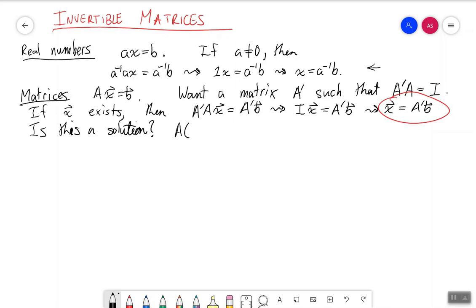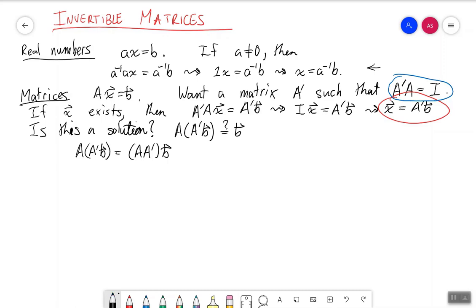A times A prime b. Okay, well, we want to see, is this equal to b? A times A prime b is equal to A times A prime, times b. Oh, wait, I know what A prime A equals. It's I, but I don't know what A times A prime equals.